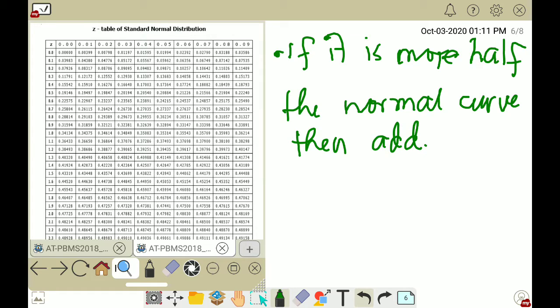This is only applicable for the area to the left and to the right. If it is less than, or it cannot cover half of the curve or more than half of the curve, less than, more than.